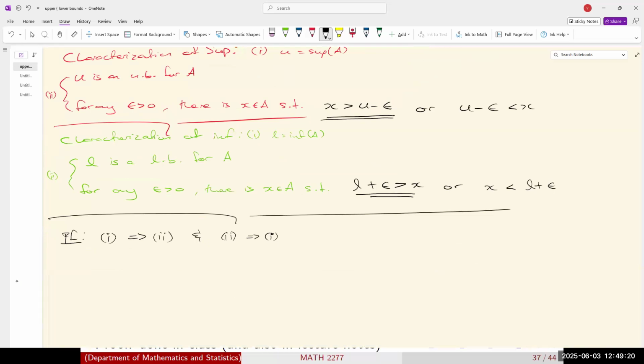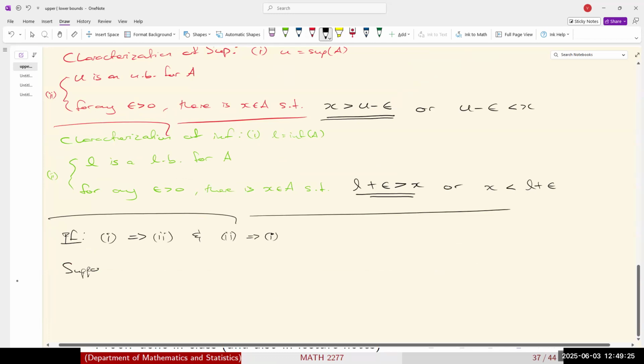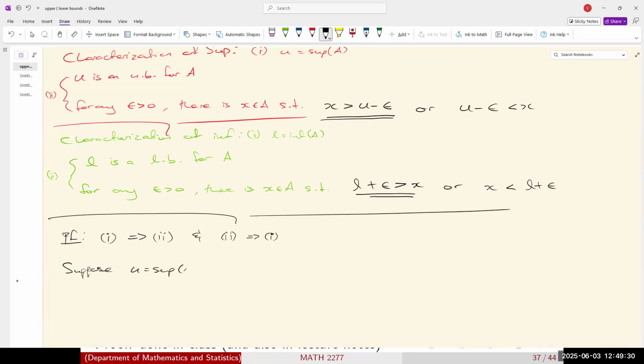Okay, so suppose U is the supremum, right? That's what I'm assuming to be true. Suppose U is the supremum of A. What are the things I want to show? I want to show U is an upper bound for A. Well, that is true. What is the definition of the supremum? If you go back to the definition of supremum, it will read that an upper bound U is the supremum if, so first of all, in order to even be the supremum, you need to be an upper bound.